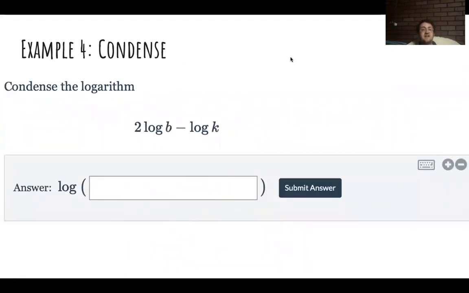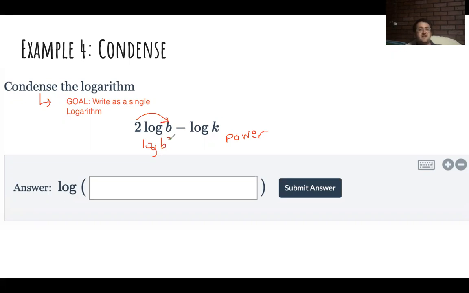This is a condensing problem. Our goal on this one is to write as a single logarithm. To start, the first thing that I want to do is my power rule. I don't like having the 2 in front. So I'm going to put the 2 in as an exponent.